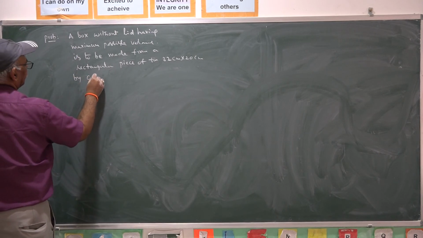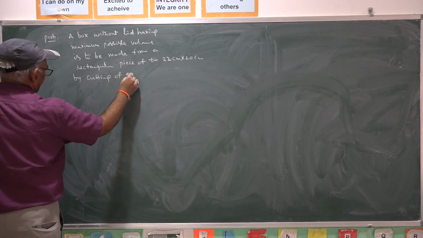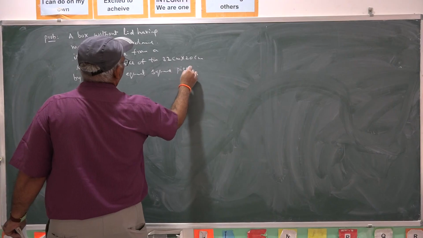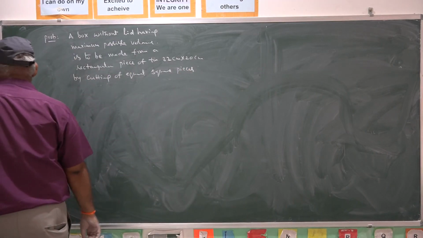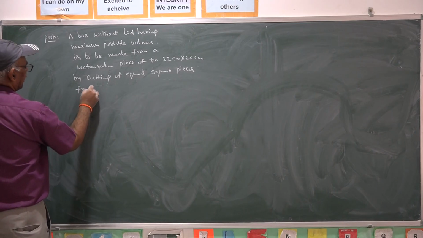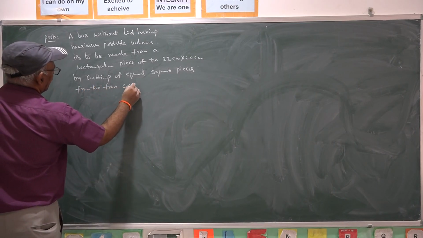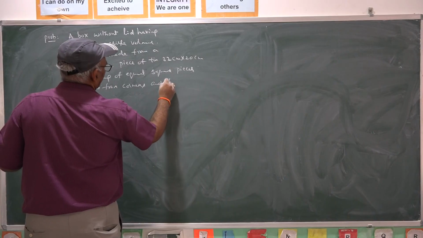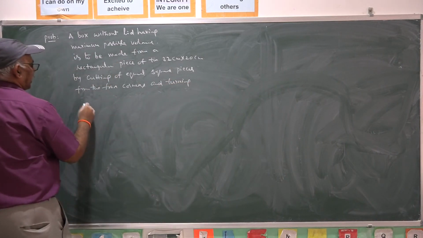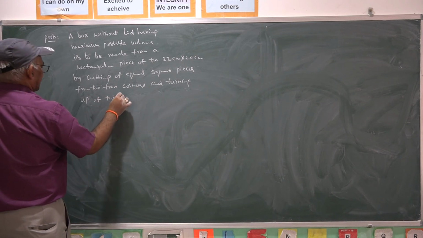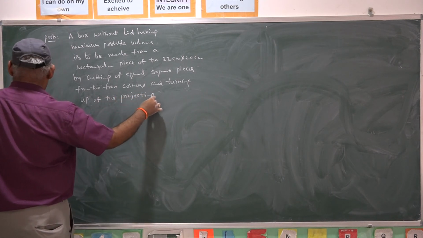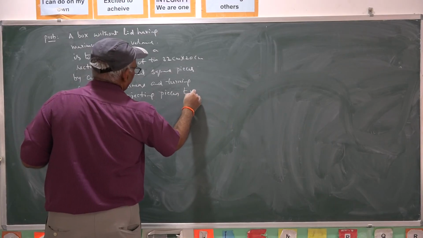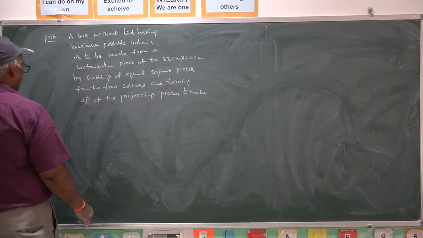By cutting off equal square pieces from the four corners, and turning up the projecting pieces to make the sides of the box.